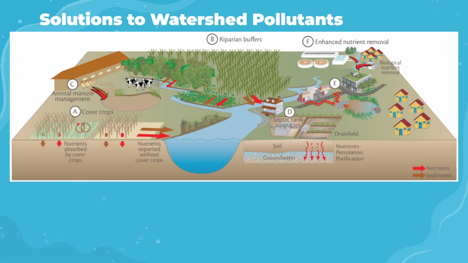If we look at location B, another really good generalized strategy is riparian buffers. Riparian habitats or riparian areas refer to the areas alongside a body of water such as a river. When you plant vegetation in riparian habitats, what you're doing is adding basically a giant sponge or a giant filter, so that the runoff entering the body of water has gone through all of this vegetation.